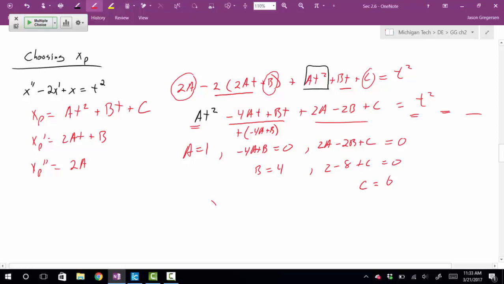And so I now know that my particular solution is going to be t squared plus 4t plus 6. And then, of course, for my general solution, I take my complementary solution plus this piece.